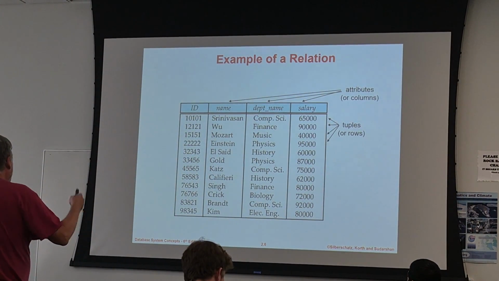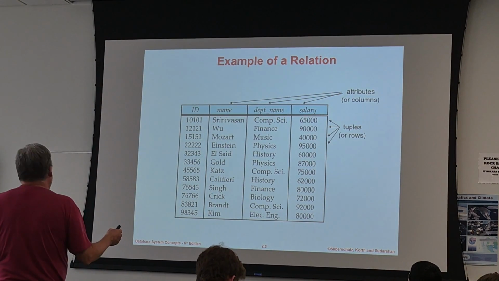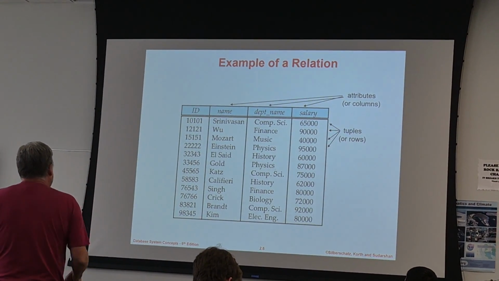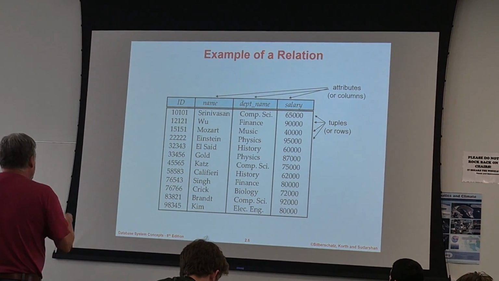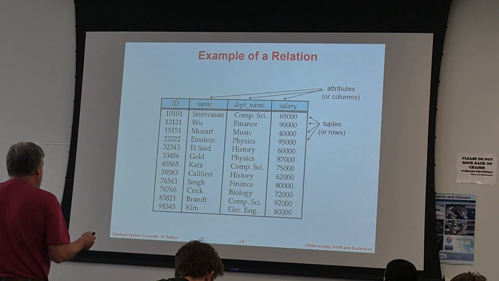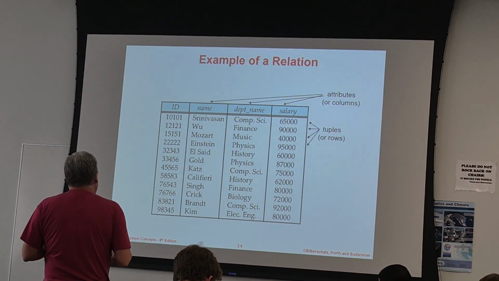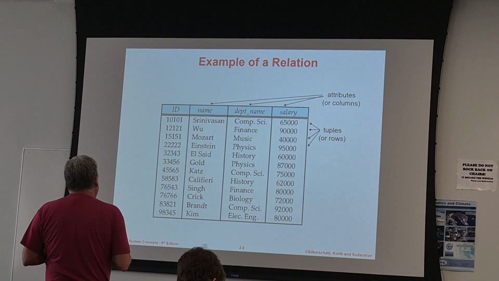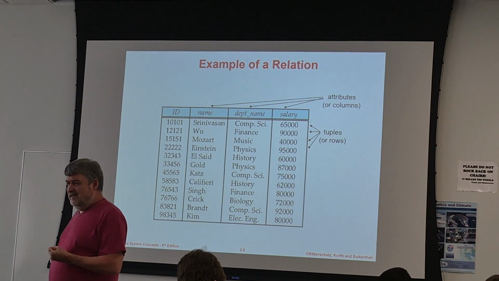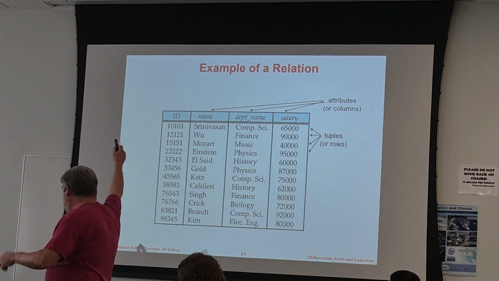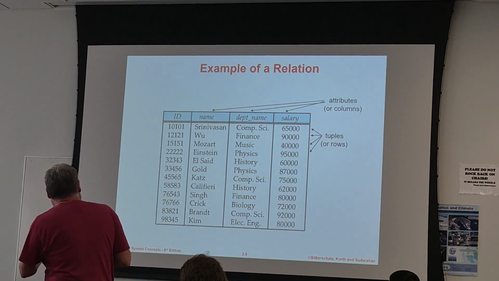I don't have this table named, but I can see that this is the names of professors at this university that the database represents. And so this is a snapshot. What's the technical name for snapshot again? I've already forgotten. Instance. This is an instance of the instructor table.